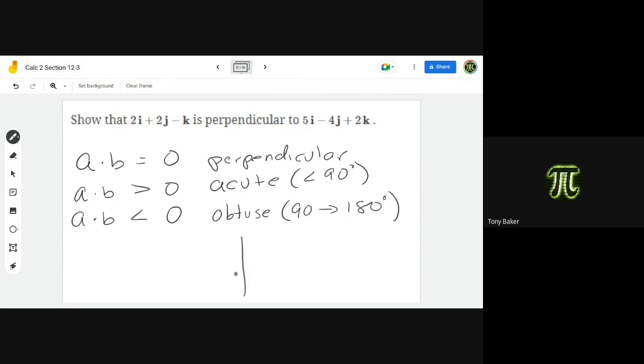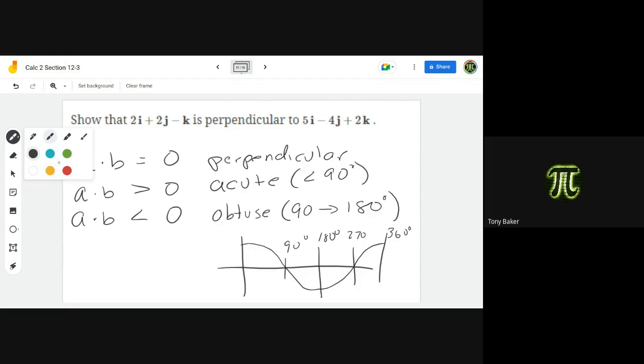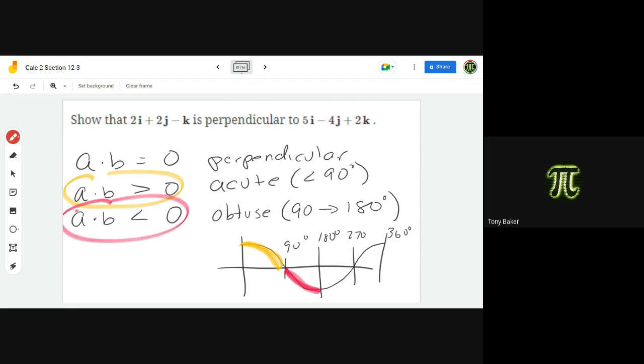For your cosine, it does this. So that's 90 degrees, 180, 270, 360. So here is your positive, so that's that. And then here is your negative values, which will give you those.